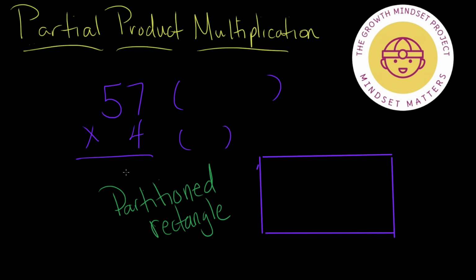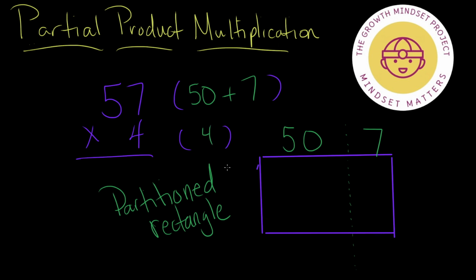Well, if we think about our number 57, isn't that just 50 and 7? Okay, so let's imagine that we partition this shape. Isn't that just 50 plus 7? Like if we were doing this right here. Okay, and then isn't this 4 just a 4?